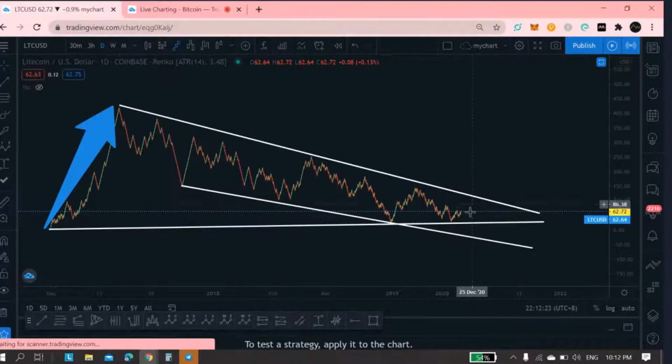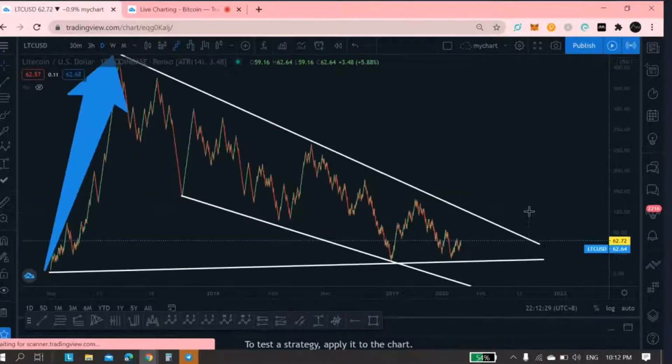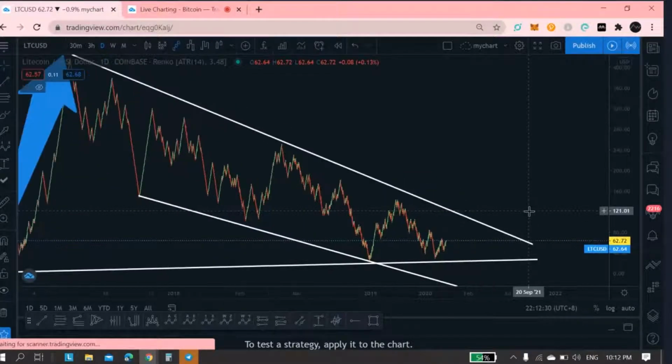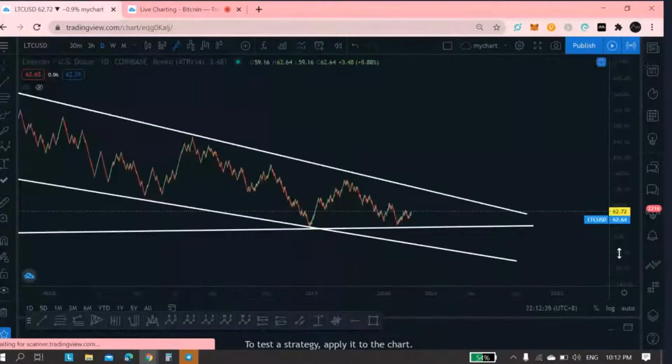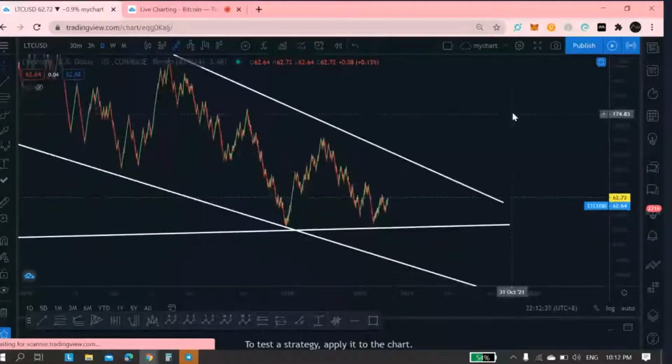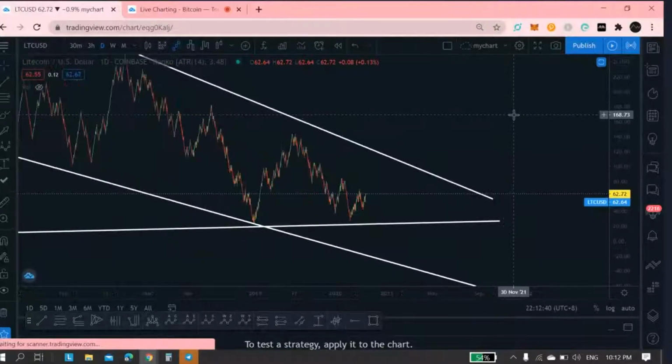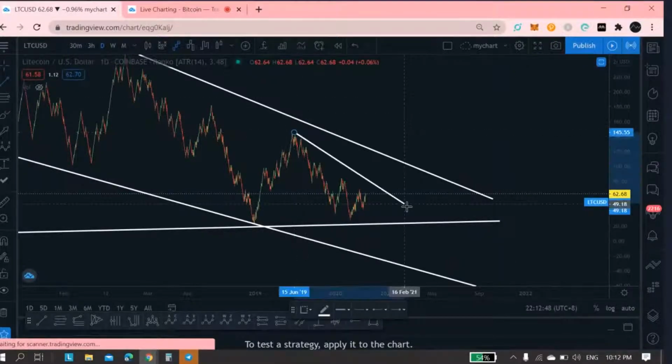Maybe when the time comes that it breaks this area. So let's just focus on the short-term trend. So this is it.